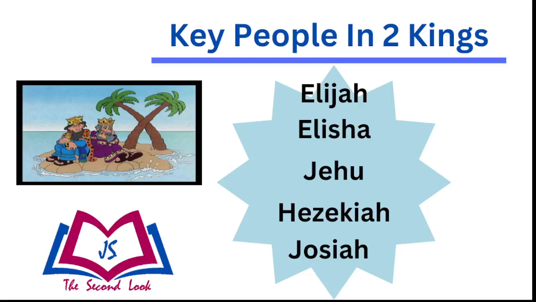Of the 8 kings that were good, Hezekiah and Josiah were the 2 kings that were the most righteous. Hezekiah was the king of Judah who implemented religious reforms and trusted God during the Assyrian siege.